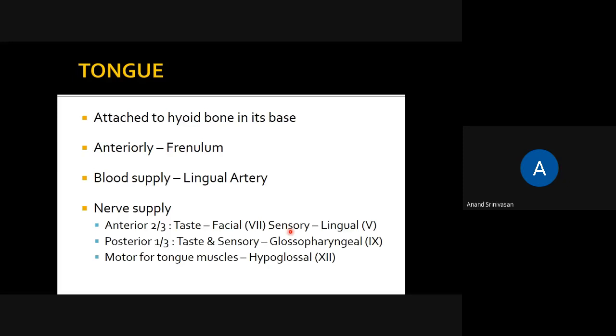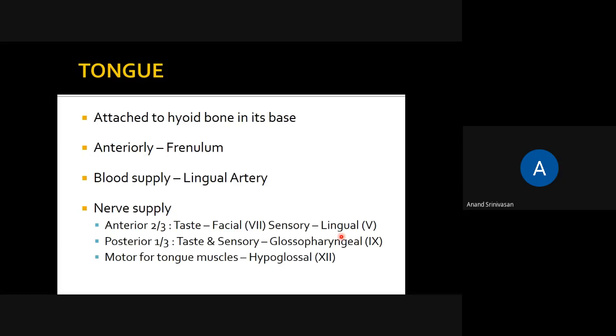So when we take some hot food, our tongue feels that hotness, or if some bone pricks the anterior two-thirds of the tongue, that is felt by a different nerve, the lingual nerve. So your questions can be clinically based.